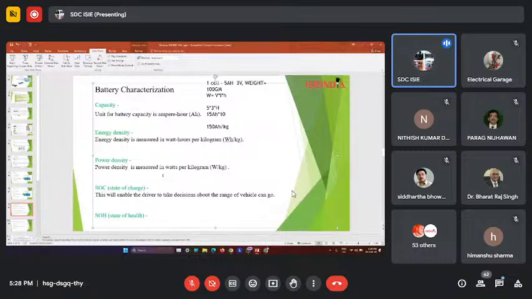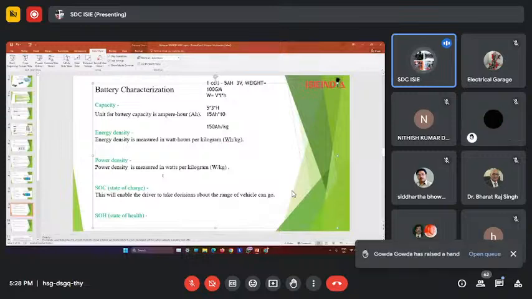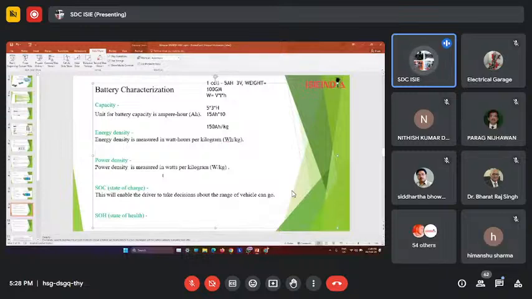Same like that, inside the electric vehicles, we have an SOC indicator. With the help of SOC, we can see how much electrical charge has remained inside our battery pack, and with that charge we can estimate how far we can go, or how much range of the vehicle we can get. Are you getting my point?